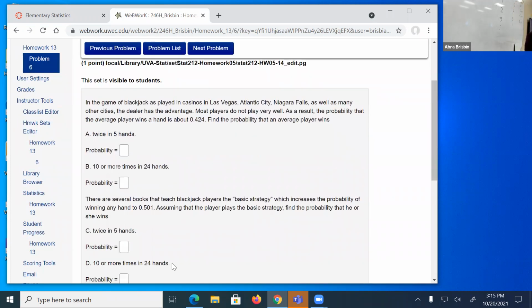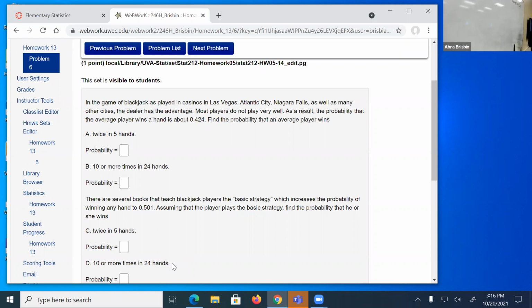Ah, good. This is the blackjack problem. So we want to find for part A, we have the probability that you win one hand is 0.424.